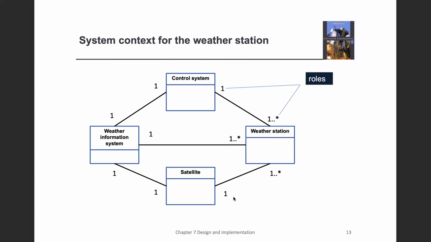So the weather information system will signal the satellite that maybe information is needed every hour. Then this weather station will have to organize the data, summarize everything, and forward it back through the control system onto the system that requested the information to process, which is the weather information system.